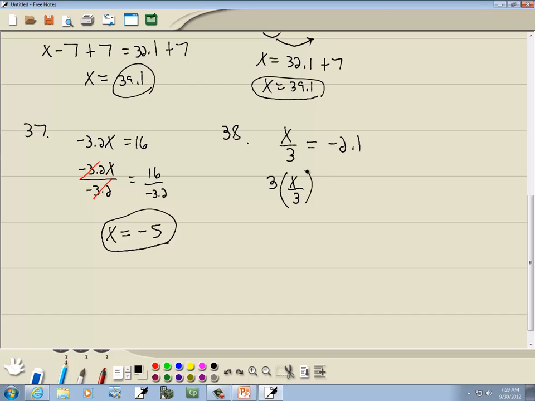So we'll multiply both sides by 3. Now when we do that, these 3s are going to cancel. X equals, positive times a negative is negative, and 3 times 2.1 gives us 6.3, I believe. And that would be our answer. And the end of that unit.